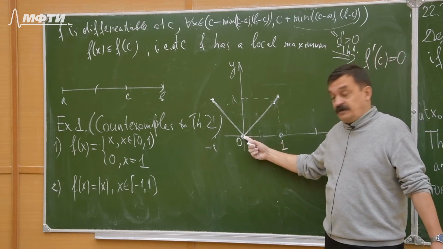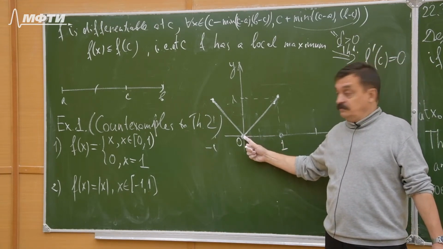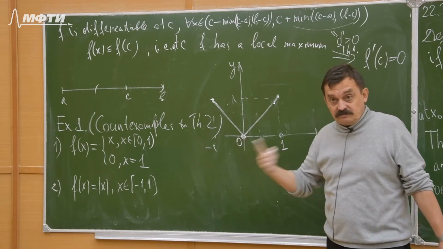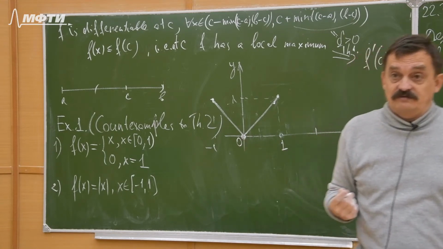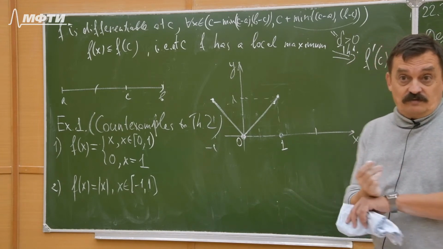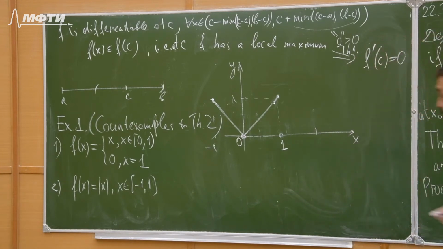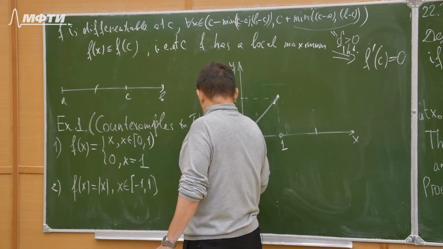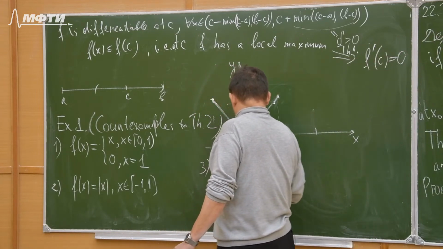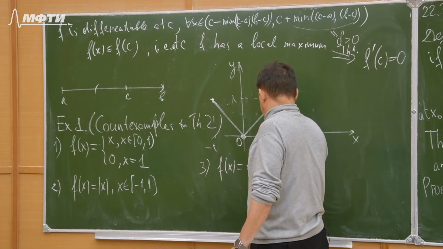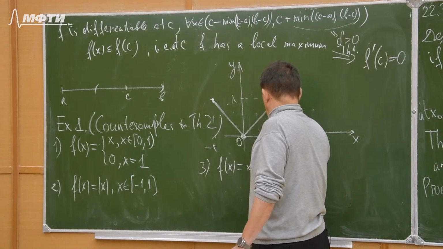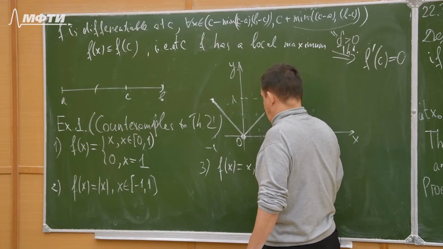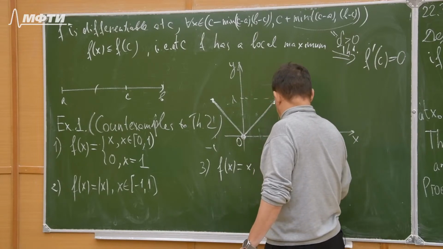Why? Because the function is not differentiable on the interval -1, 1. It is not differentiable at 0. Just one point where it is not differentiable, and it disturbs the conclusion of the theorem, right? And the third one, here I can consider just the closed interval, -1, 1 or 0, 1 doesn't matter, right?